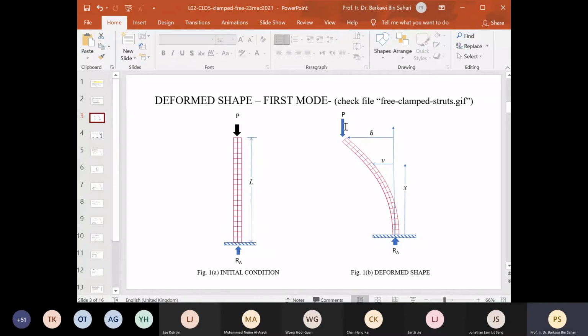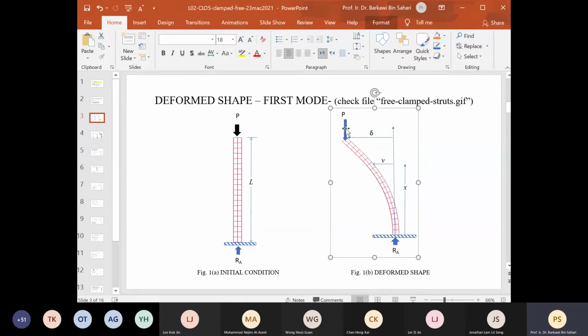Okay, and as P increases, then you can see on figure B, the beam will start to deflect. It can deflect to the left, it can deflect to the right. But in this particular diagram, we choose to deflect to the left. P is still applied in the vertical direction downwards. As the column deflects to the left, P is still intact with the column, so it doesn't leave the column.